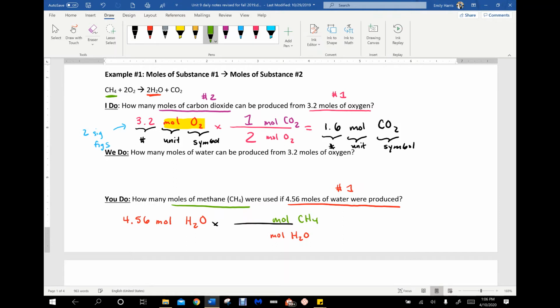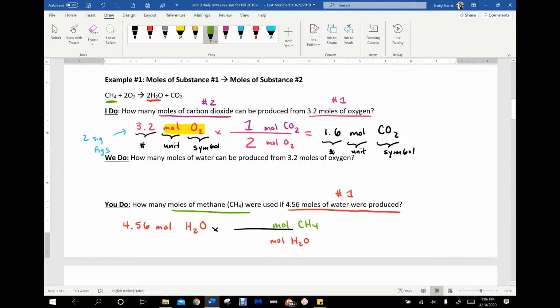Now, if I want to know how many moles of water per moles of methane, I need to go to the coefficients of my chemical reaction. So here it shows me that for every 2 moles of water, I should have used 1 mole of methane. So it's a 2-to-1 ratio.